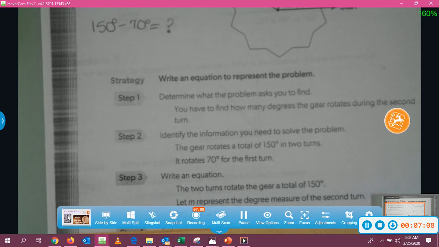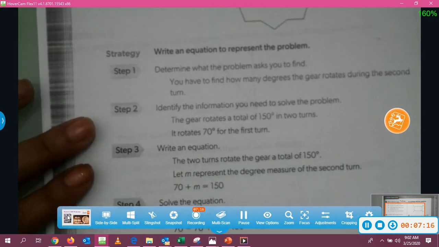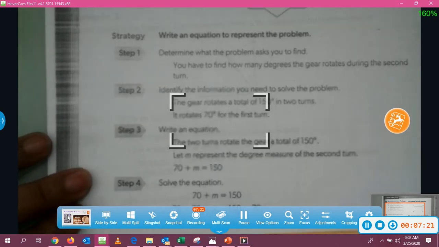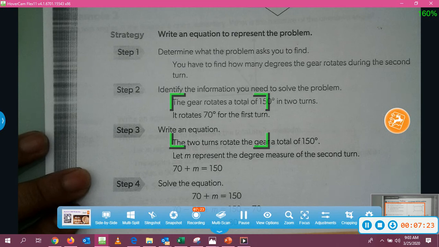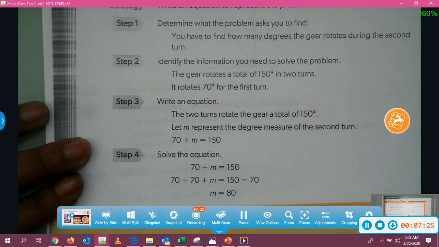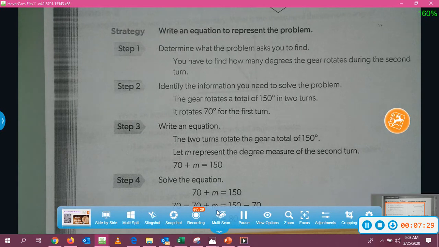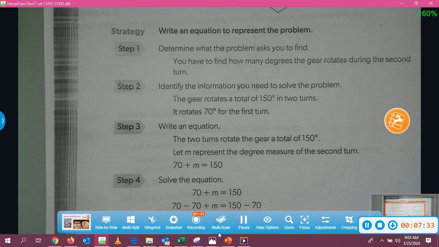So you answered right? Check your answer. Is it right? Okay, well let's go on. Let's find out if you're correct or not. Solve the equation. 70 plus M equals 150. 70 minus 70 plus M equals 150 minus 70.